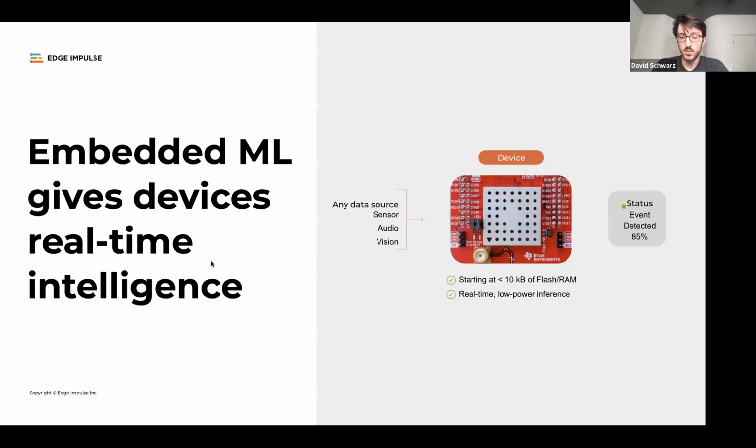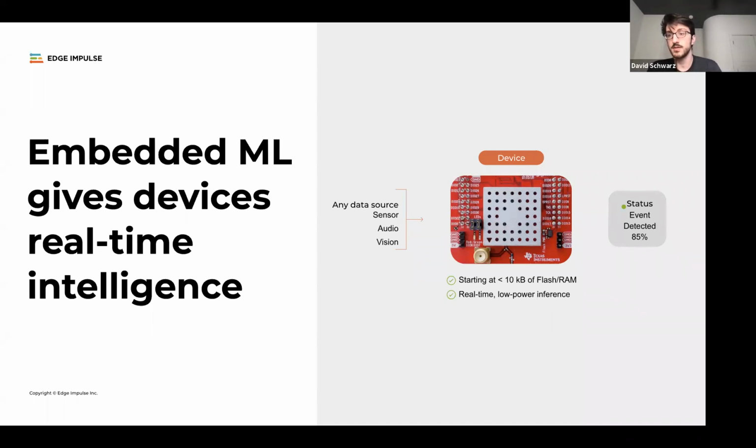What Edge Impulse really enables users to do is to add intelligence to IoT and embedded products that previously might have operated in a simpler workflow of collecting data and then just transmitting that data to a host system or data center in order to process it there. I'll talk about some of the challenges and advantages that you get from using embedded ML in the next couple of slides.